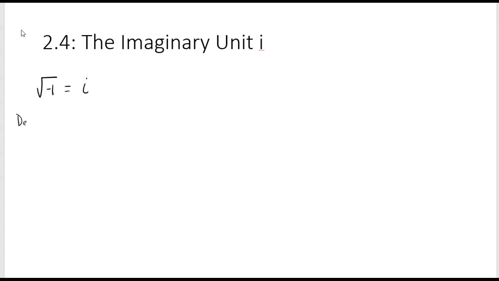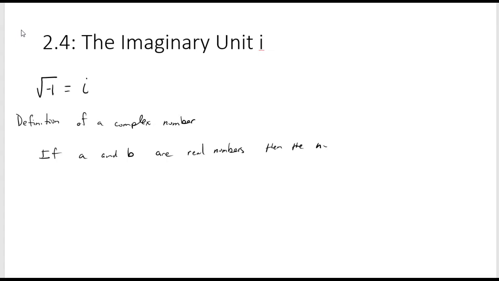So here's our little definition of a complex number. And it says this. It says if a and b are real numbers, so numbers that I can physically count to, then the number a plus bi is a complex number.